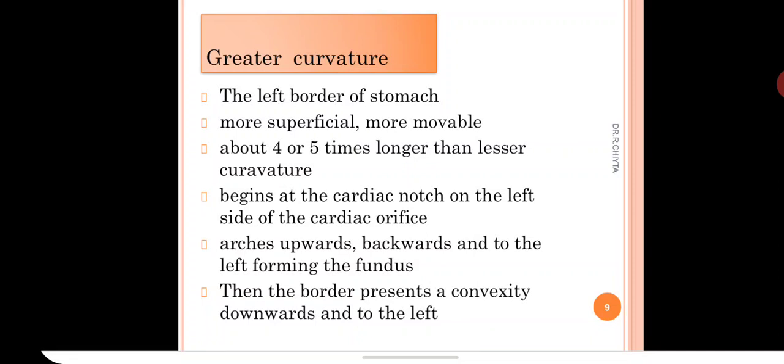Greater curvature gives attachment to the following peritoneal folds. At the cardiac end, gastrophrenic ligament. Opposite the fundus, gastrosplenic ligament. Rest of the curvature, anterior two layers of the greater omentum, which contains the anastomosis of left and right gastroepiploic vessels close to the curvature.